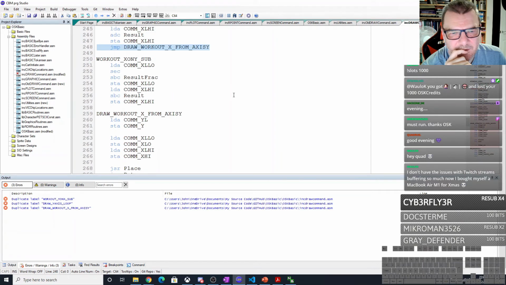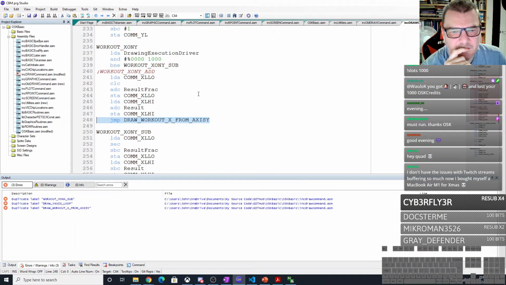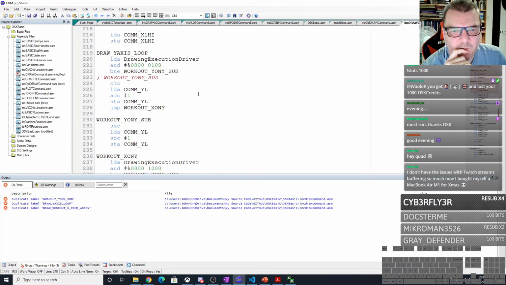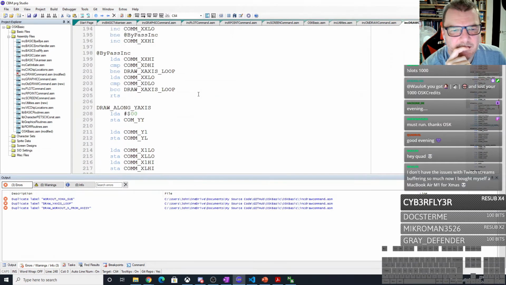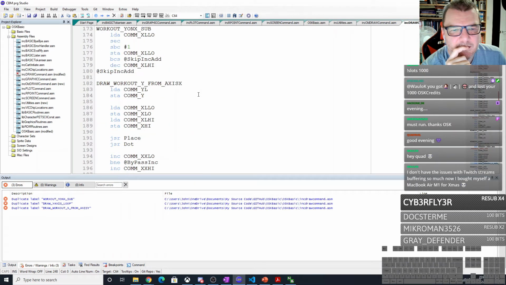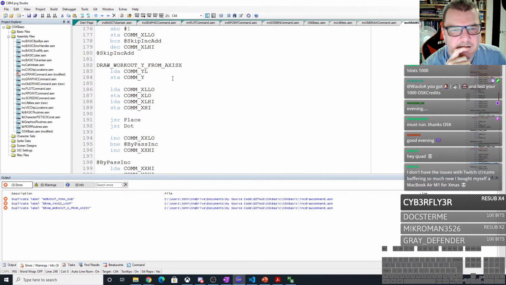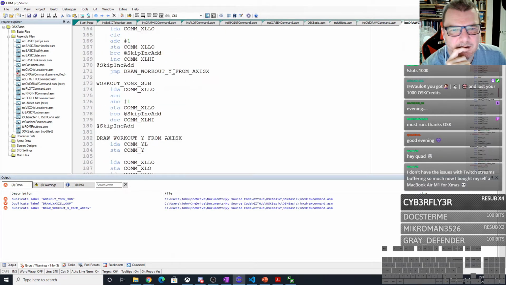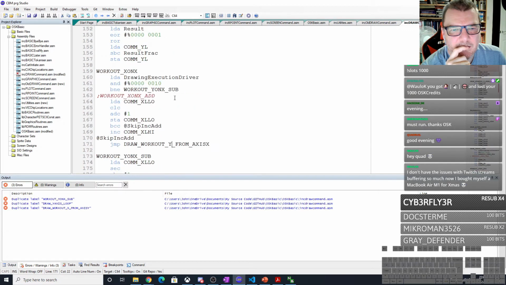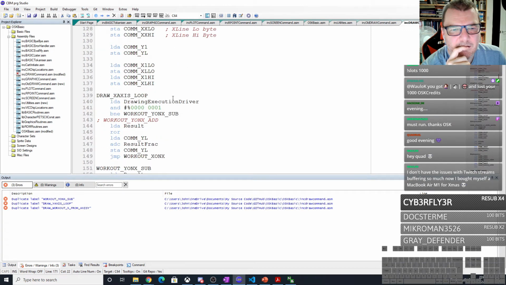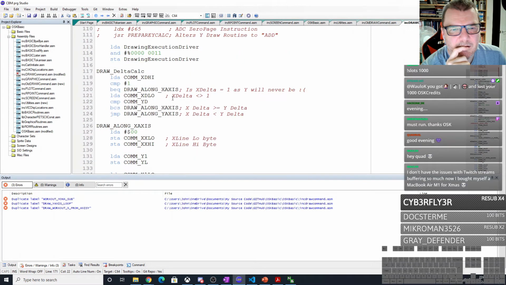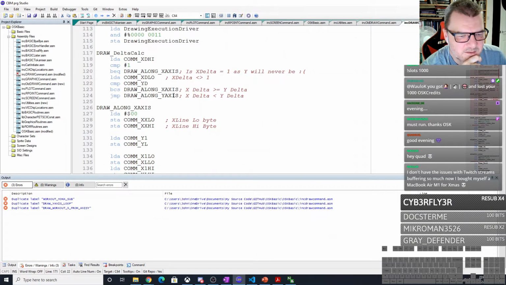But that should be right. Have I? Work out X from Y axis. Work out Y from X axis. Where's the duplicate label in there?